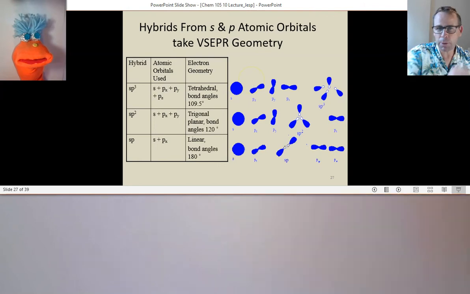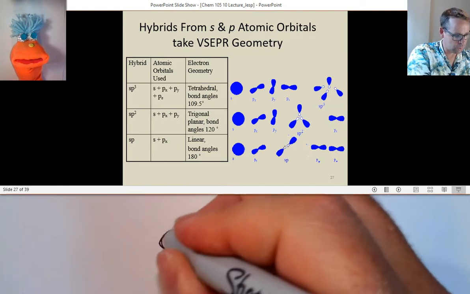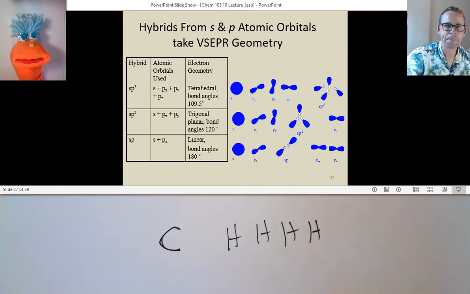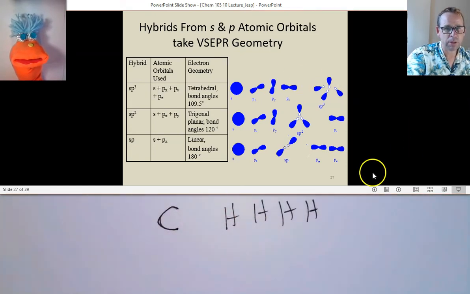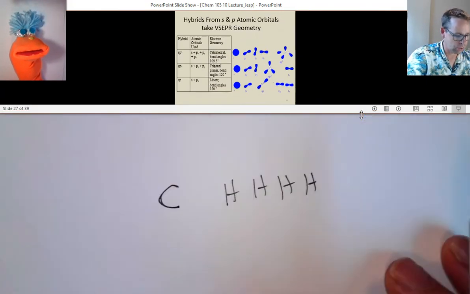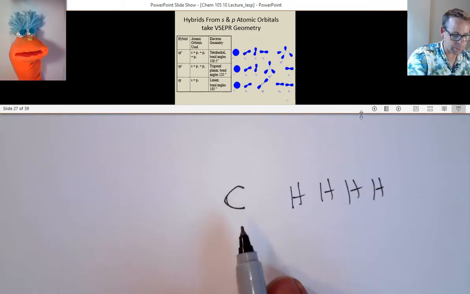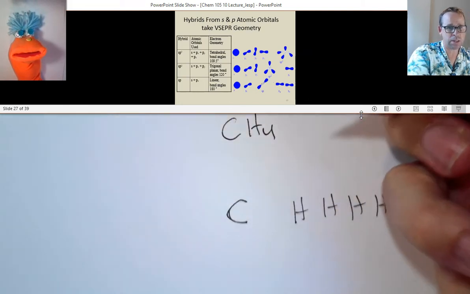So, for example, if we're going to have a carbon bond with 4 hydrogens, what we need is for that carbon to have 4 regions of electron density extending to these hydrogens. How did I know it was 4? Because the chemical formula for the compound we're trying to draw is CH4.